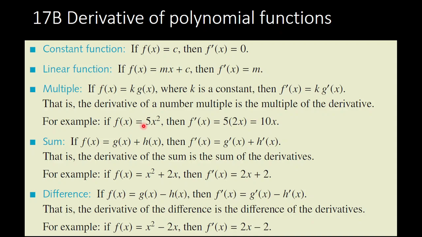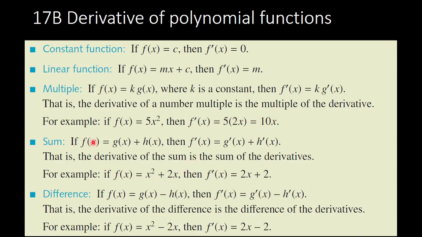F of x is 5 times x squared. The derivative is therefore 5 times the derivative of x squared. Later, in the next slide, I'll show you that the derivative of x squared is 2x. And then you multiply 5 by 2, that gives you 10x.